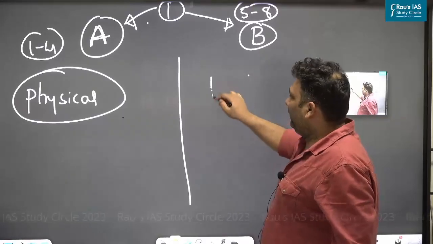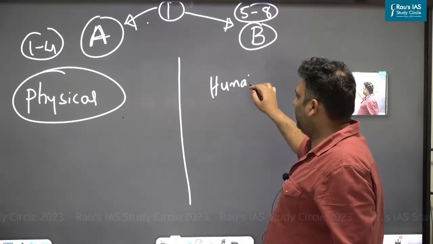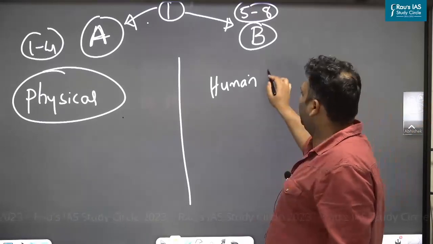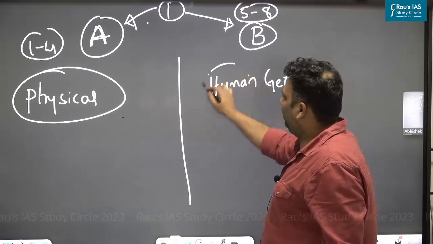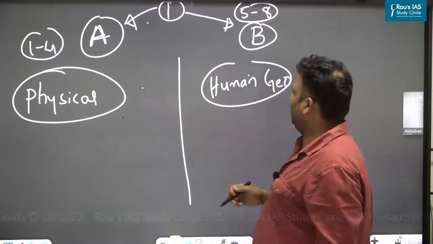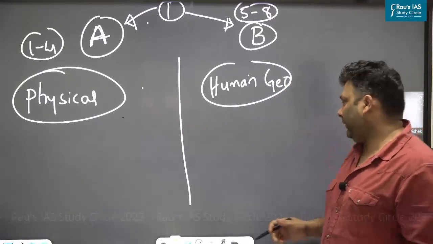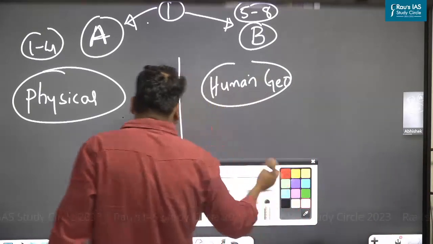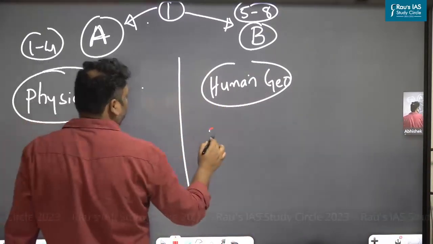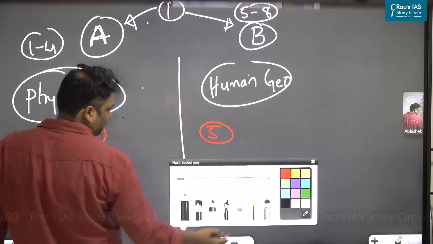Okay. So this is the human geography part, and this is the physical geography part. Now, you'll be having a choice here. The question 1 and question 5 is compulsory.